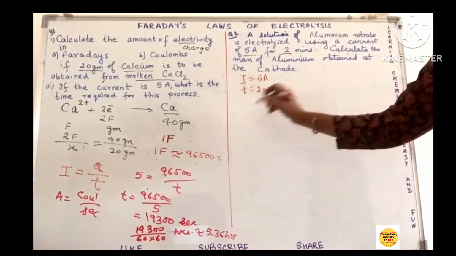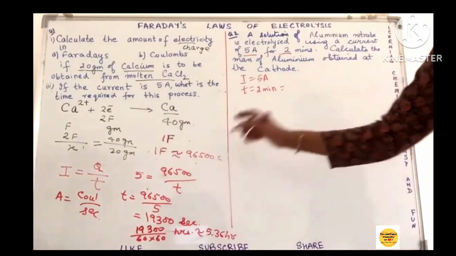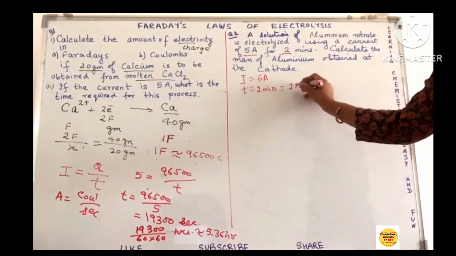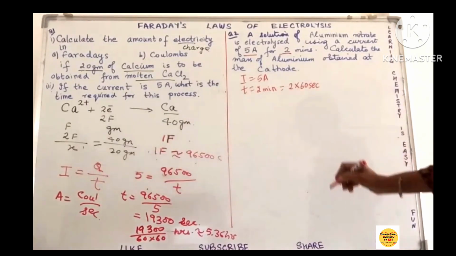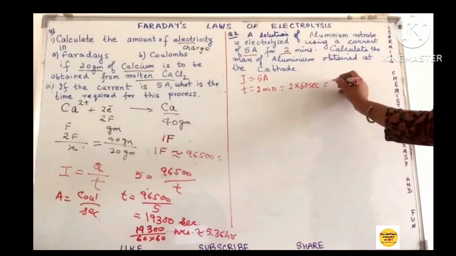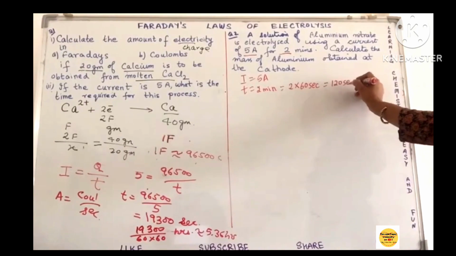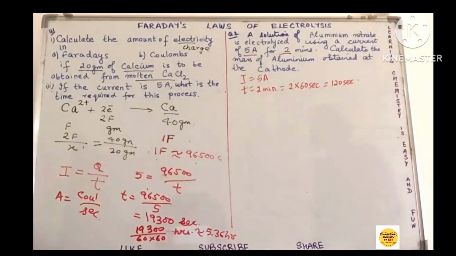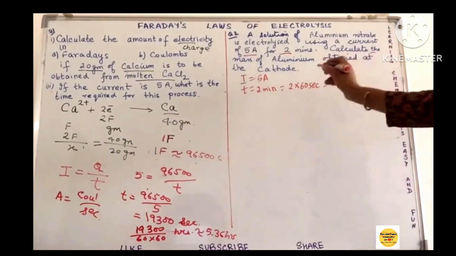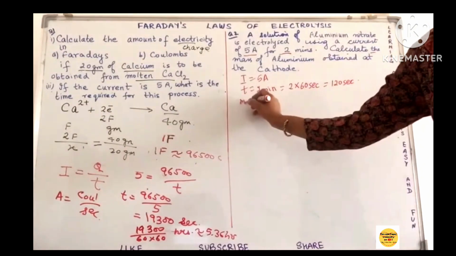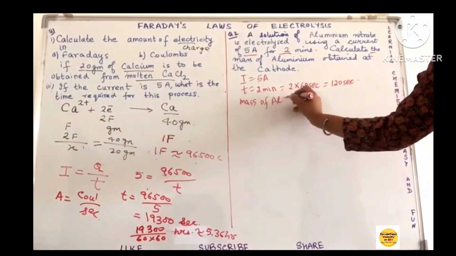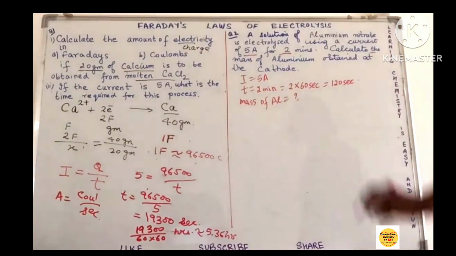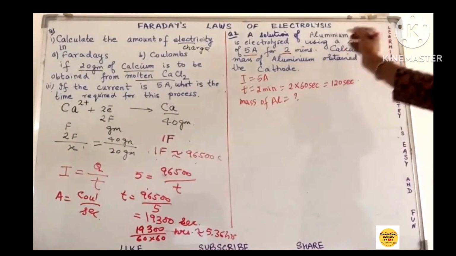We also have learned just now that the time is to be stated in seconds. So I convert minutes to seconds by multiplying by 60, which gives me 120 seconds, right? We have to calculate the mass of aluminium obtained. We've got aluminium nitrate.